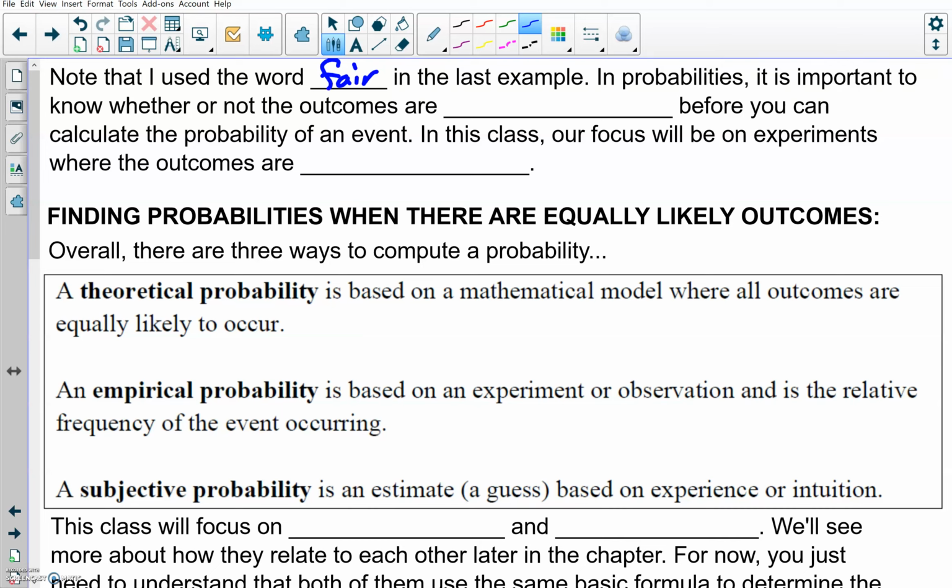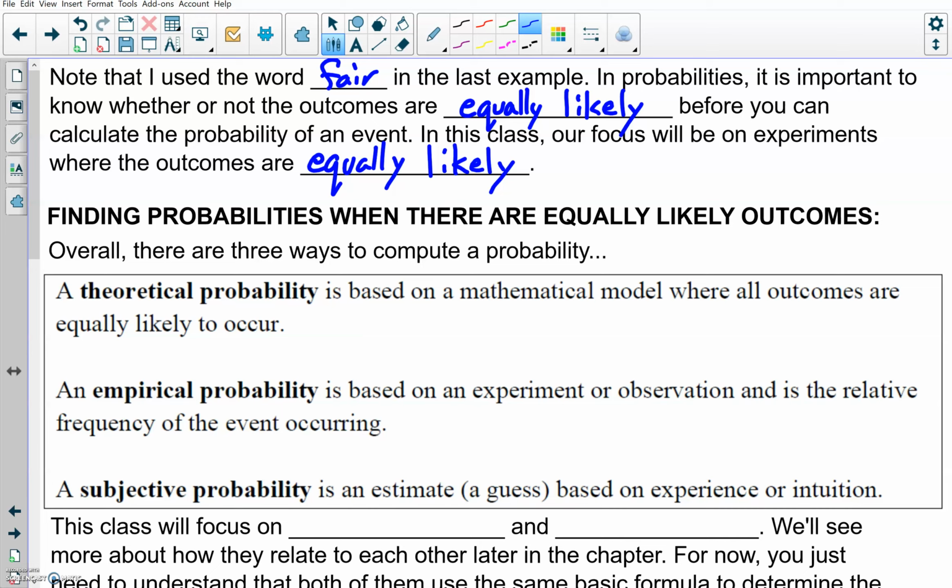In probability, it is important to know whether or not the outcomes are equally likely before you can calculate the probability of an event. In this class, our focus will be on experiments where the outcomes are equally likely. It's a different level of probability where you start working with events that are not equally likely.